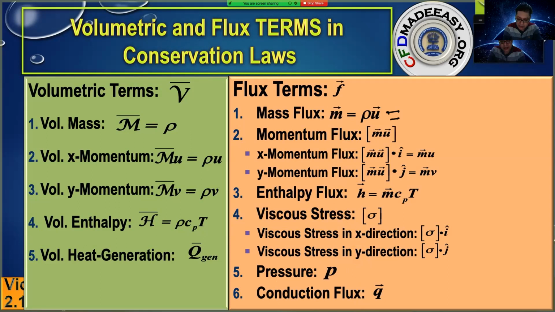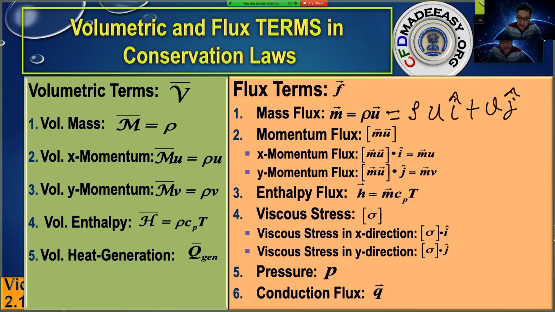This m vector is equal to rho times (ui plus vj). Note that when you have u with an arrow at the top, this is the velocity vector, whereas this u is the x component of the velocity. This is in a Cartesian coordinate system. This u is the horizontal velocity, this v is the vertical velocity, whereas u with an arrow at the top is the velocity vector.